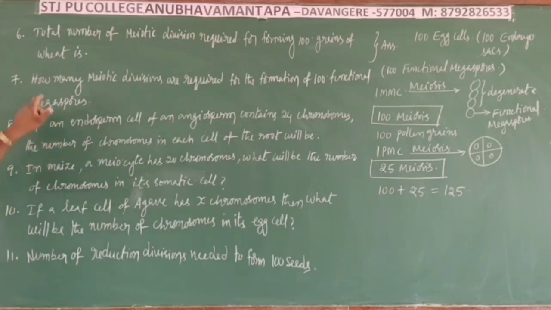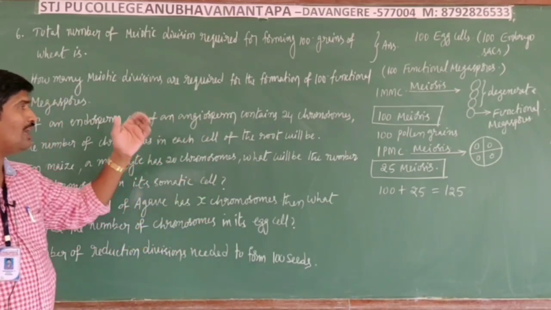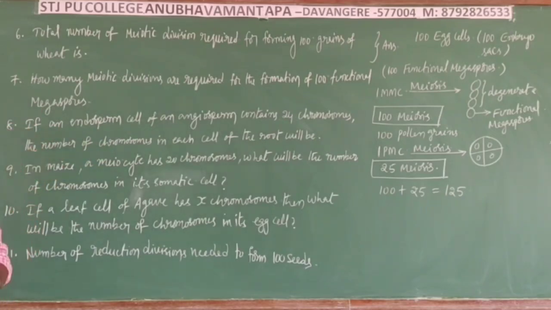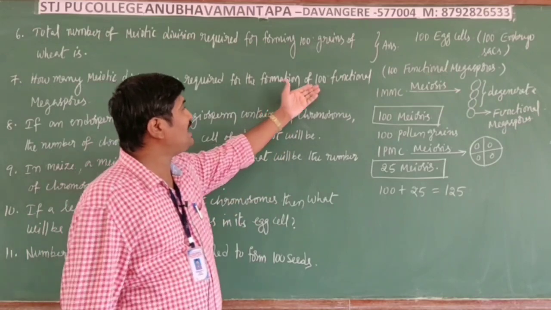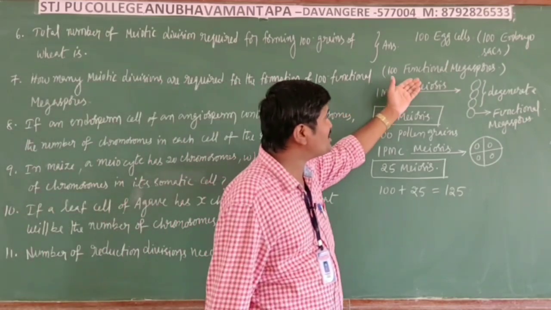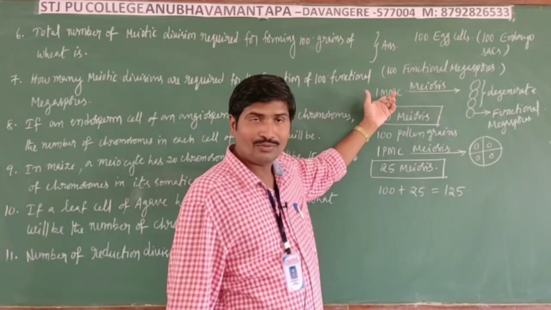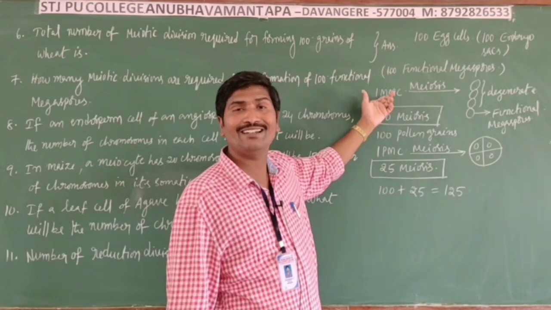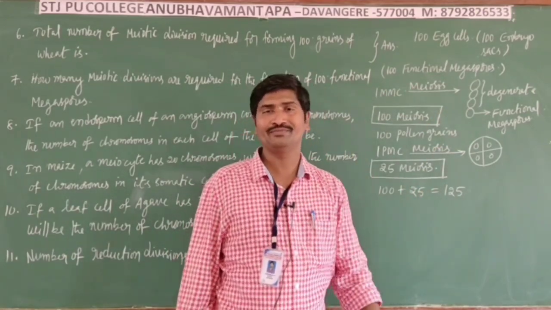Seventh one. How many meiotic divisions are required for the formation of 100 functional megaspores? The number of functional megaspores is equivalent to the number of megaspore mother cells, or equivalent to the number of meiotic cell divisions.